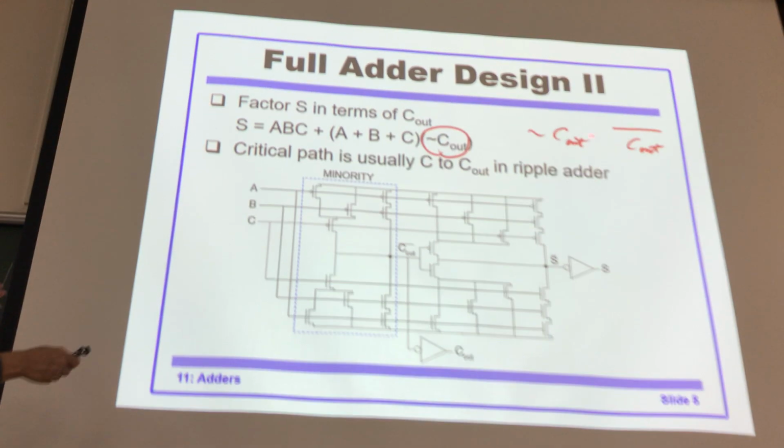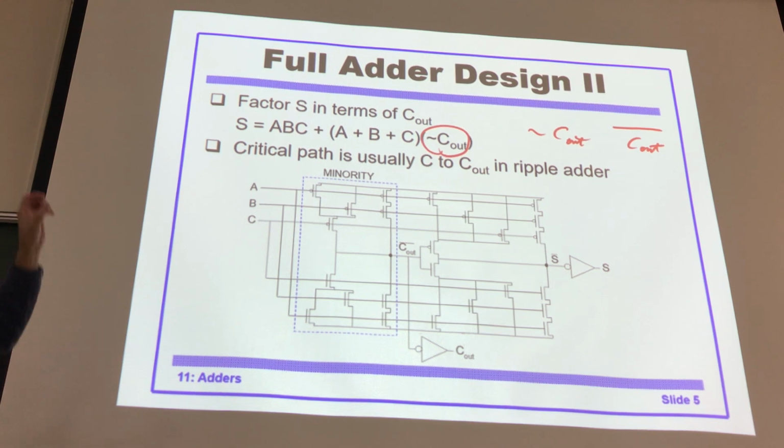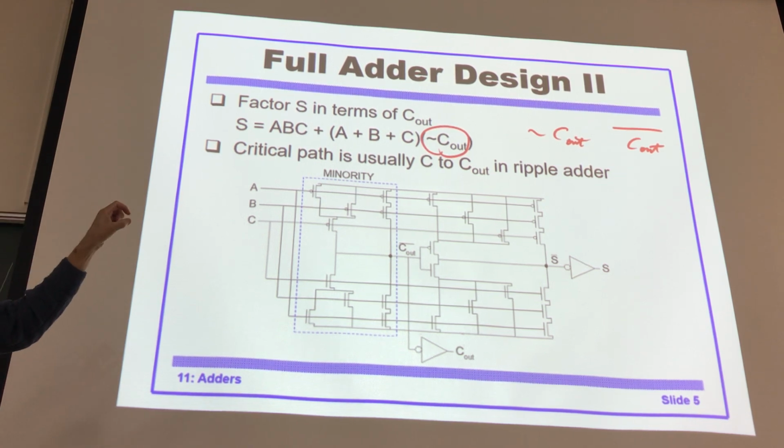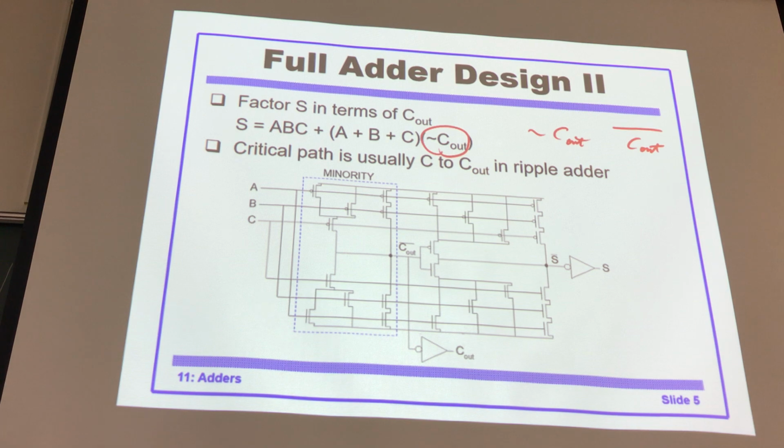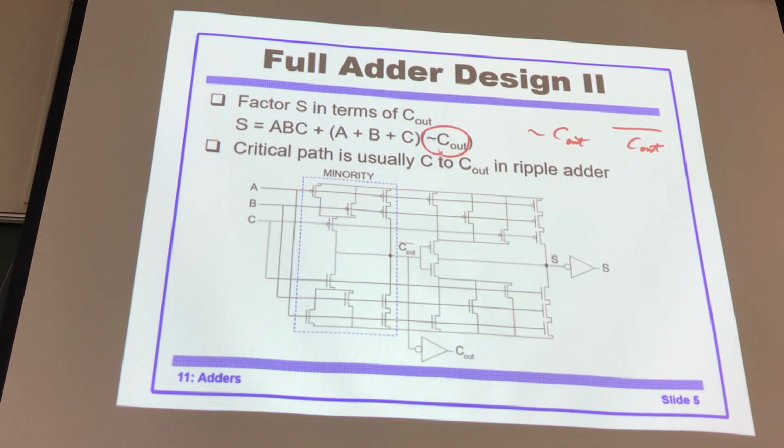What is this? This is a minority circuit. If it were only C out, that's majority, right? C out is majority. For minority, that's C out bar, the minority of A, B, C. Is that right?